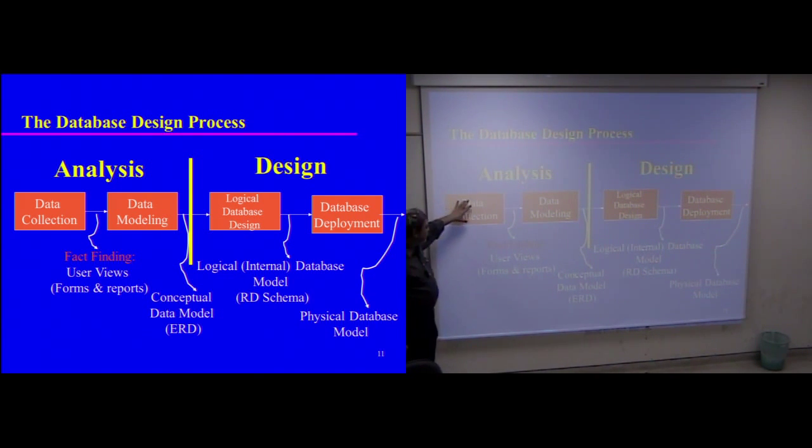So now, we collected the data. How do we formulate this in a form that's going to be converted into something to be stored in a database, to be stored on a computer? I cannot store the data as it is, in papers, in forms. I cannot store it like this in a computer.